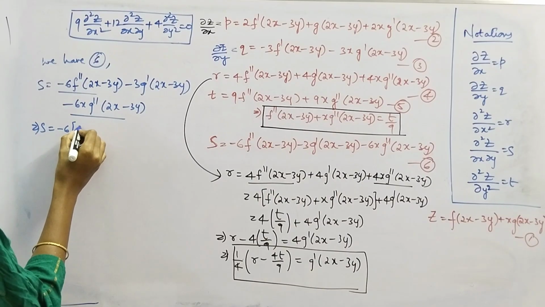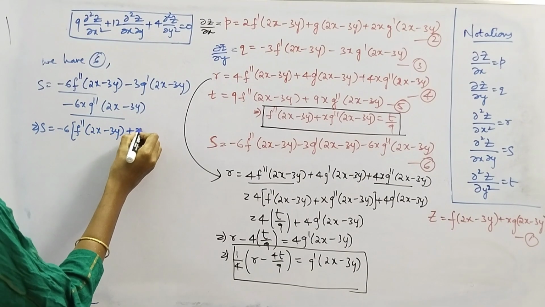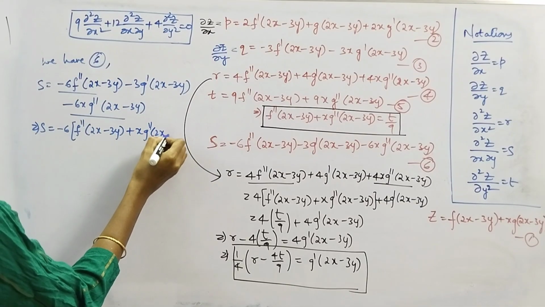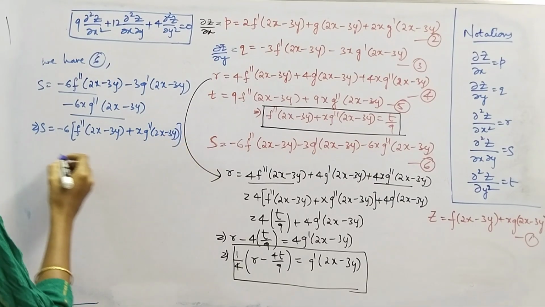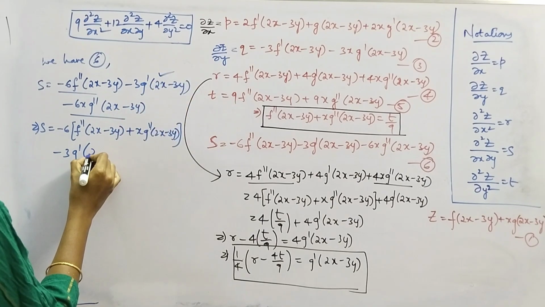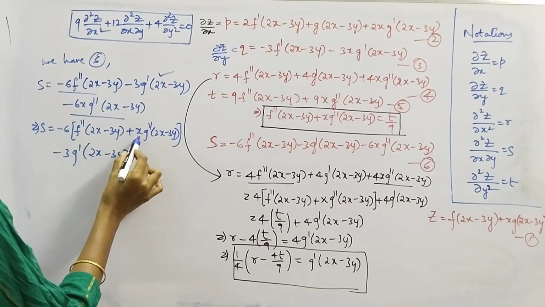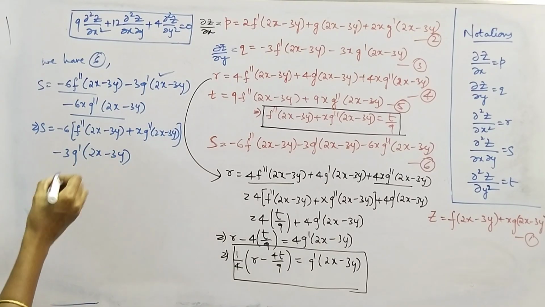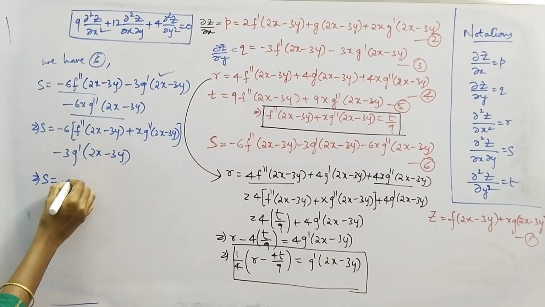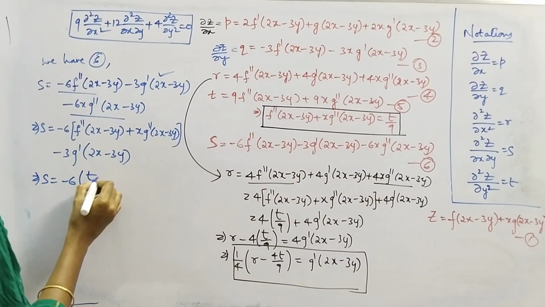We'll get minus 6 times f double dash plus xg double dash, minus 3, the remaining term, g dash of 2x minus 3y. Now replace the values of f double dash plus xg double dash and g dash. We have f double dash plus xg double dash equal to t by 9.